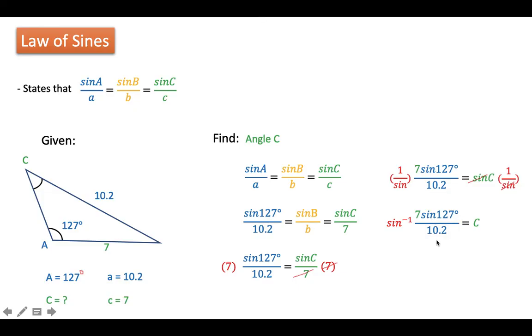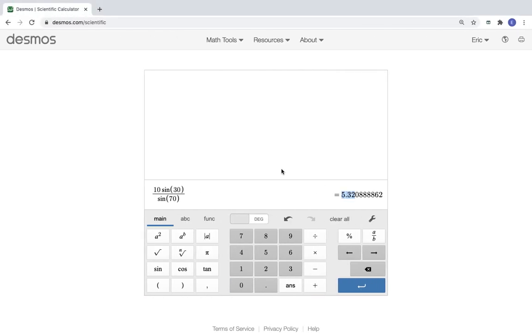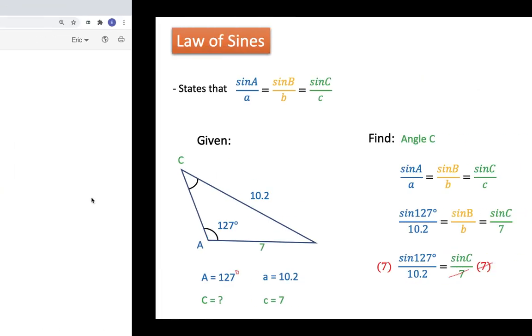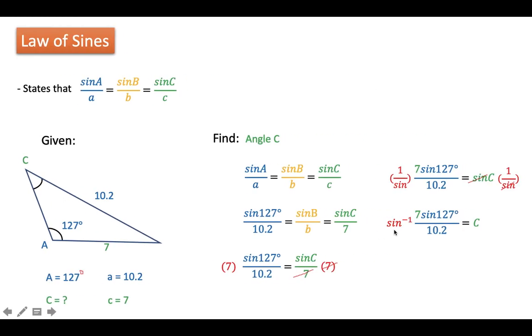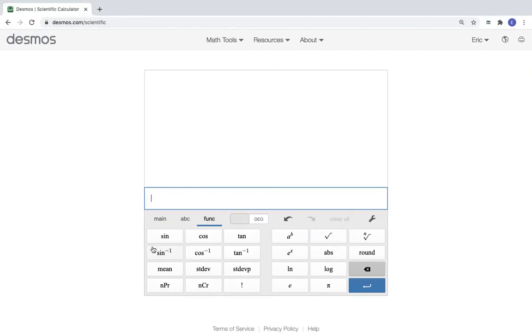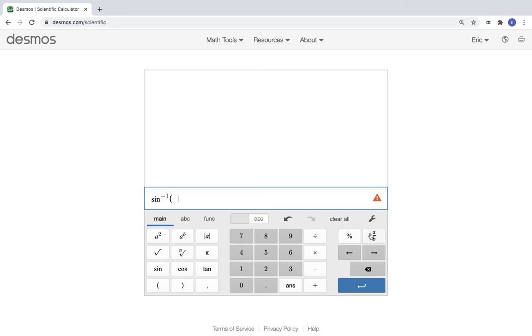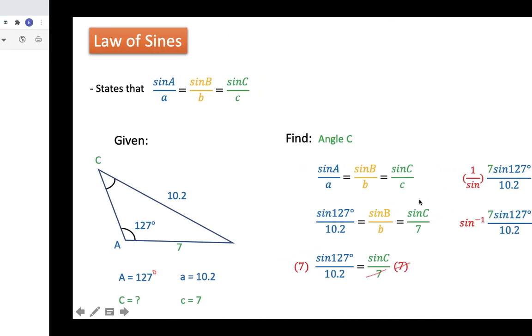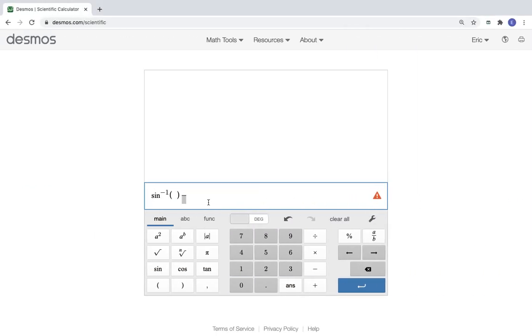From here, we need a scientific calculator to solve for this one. Since our given function here is sine raised to negative 1, we will take the second function in the calculator. You're going to click the inverse or the second F or the shift, then click sine to the negative 1. Go back to main. Since our given here is in fraction form, we'll click this one.